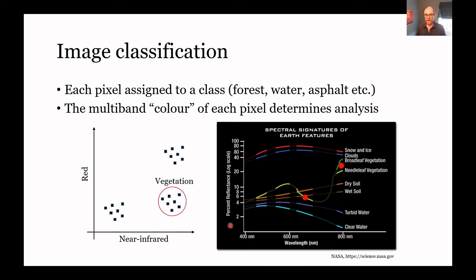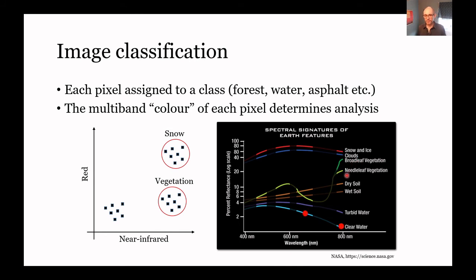Well, we would have a fairly low in the red and fairly high in the near infrared. That would suggest vegetation. Up here for the snow and ice, well, that's strongly reflecting in both the red and the near infrared. So we end up with a cluster here. So anything that ends up here is suggestive of it being snow and ice, perhaps, or perhaps clouds. But we're going to say it's snow and ice for now.